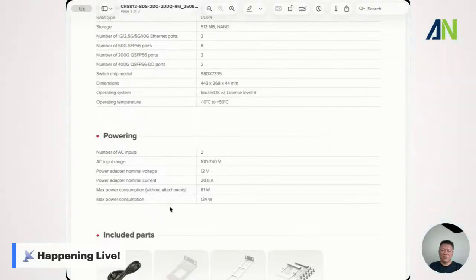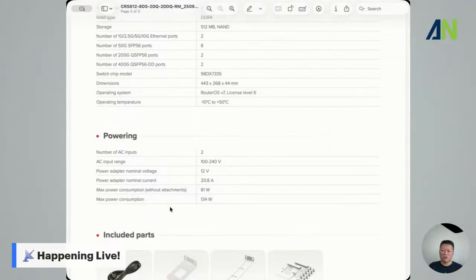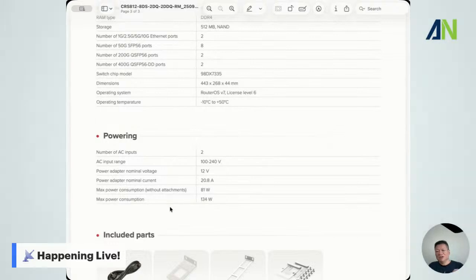So it's very efficient in power consumption. That means you don't have to pay higher for electricity. And you can also use other means of powering the device because it does not require high power.